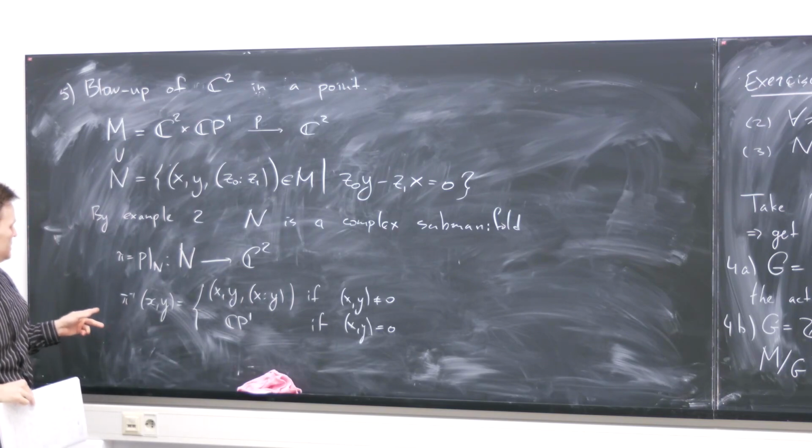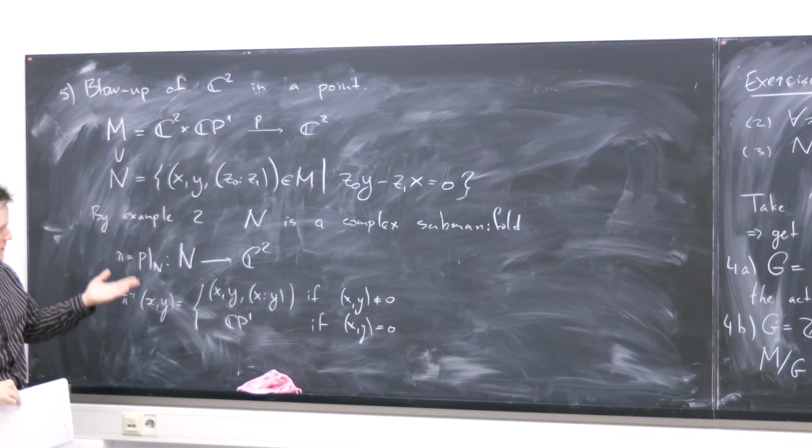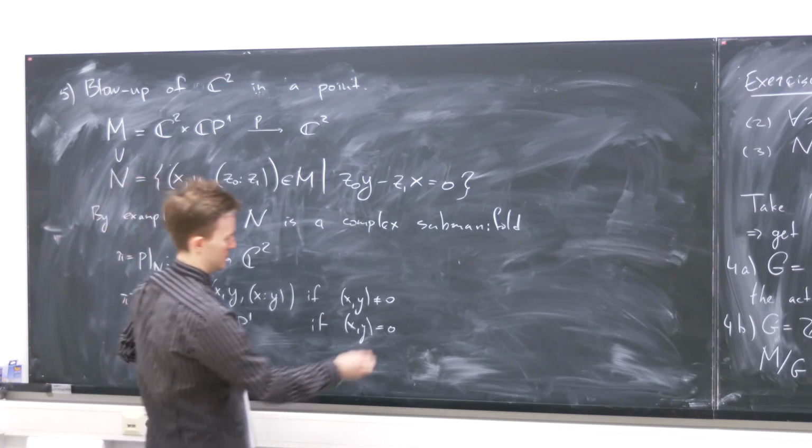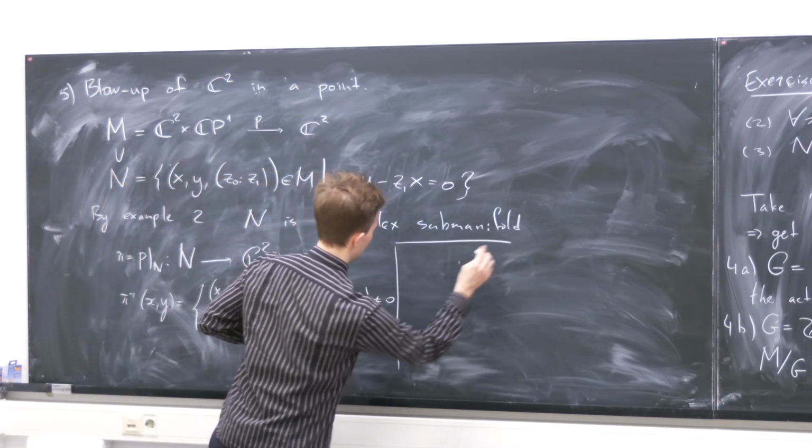If you have never seen this, it's useful to do the exercise and construct the blow-up of a manifold along an arbitrary smooth submanifold. It's done exactly the same way.